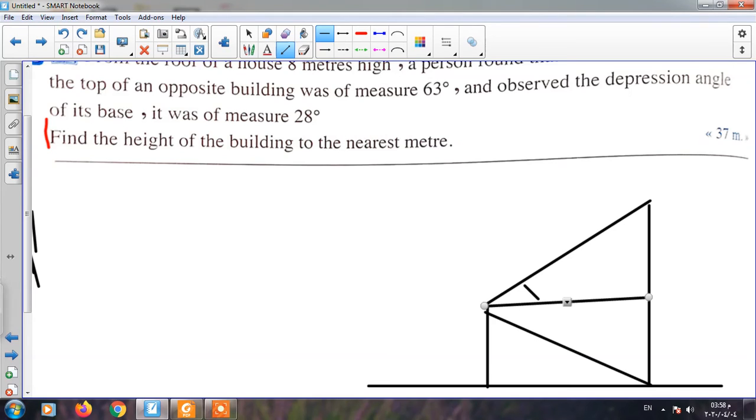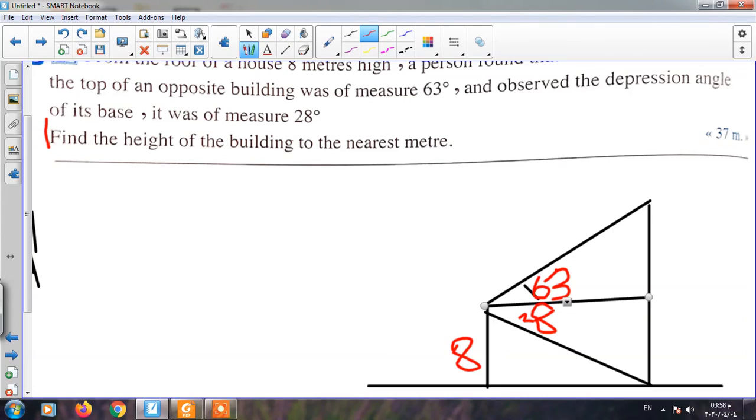Find the height of the building to the nearest meter. Another time, this is the 63 angle of elevation, and this is the angle of depression, which is 28, right? And this is the house, which is 8 meters.